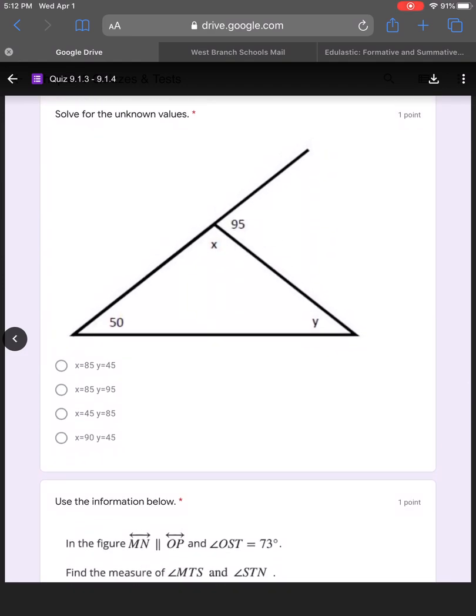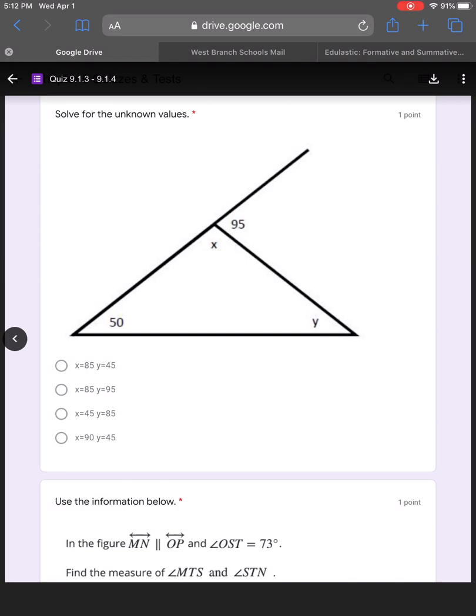Next, solve for the unknown values. That means we're solving for x and y. Well, if we're looking at x first, I know that x and the angle next to it, that is 95 degrees, make a straight angle. So again, a straight angle equals a certain number of degrees.